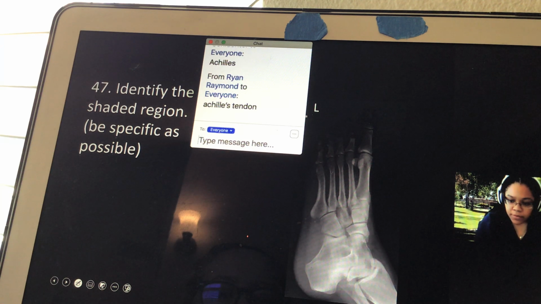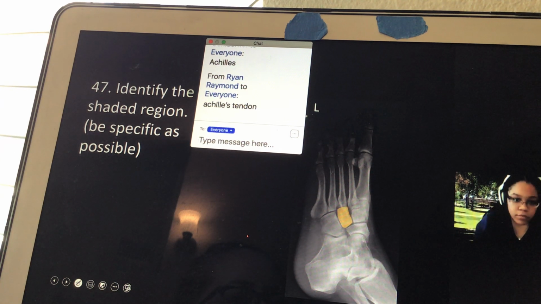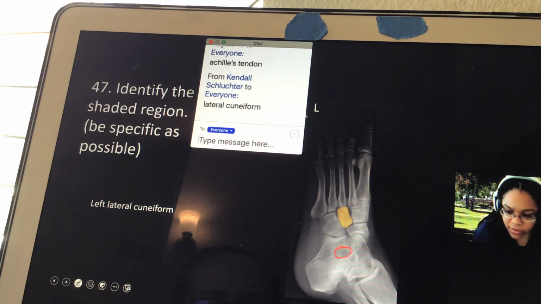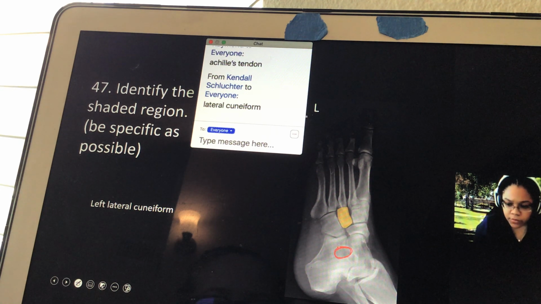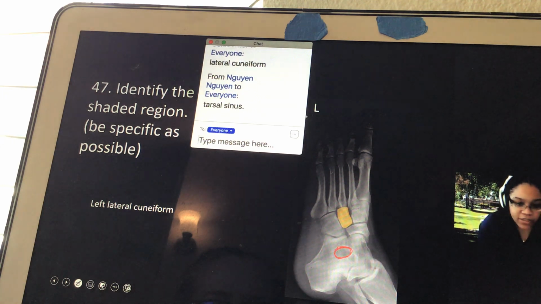What bone is that? Good. This is our lateral cuneiform. Good. What was this structure? Right there? Our tarsal sinus or sinus tarsi.